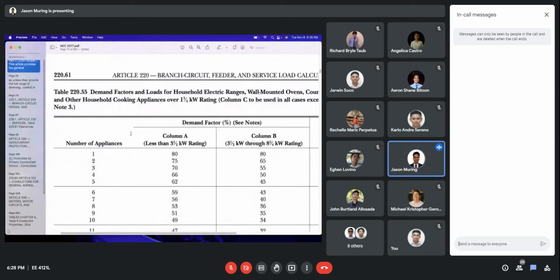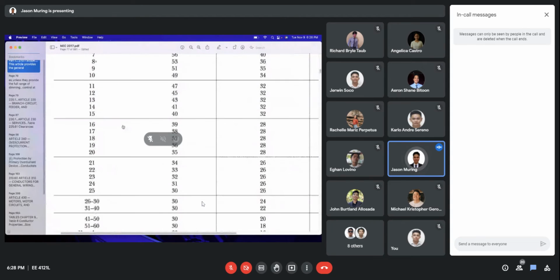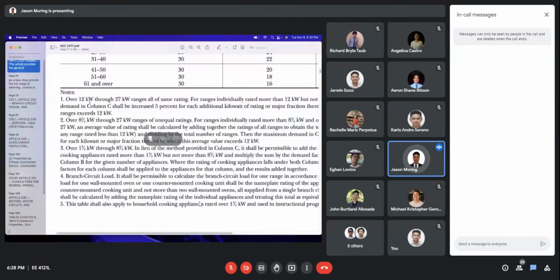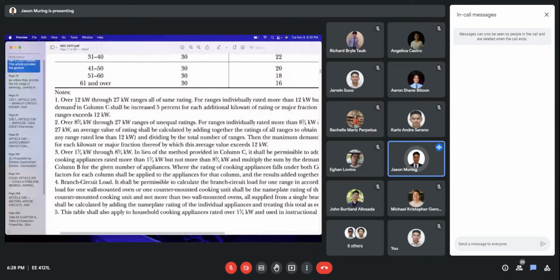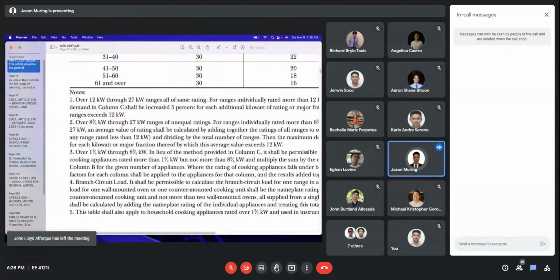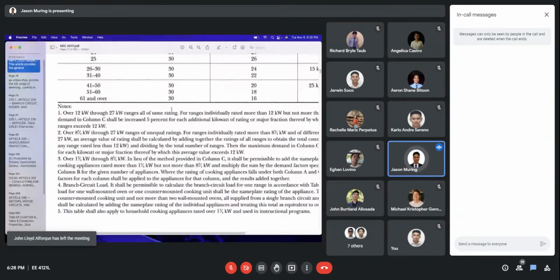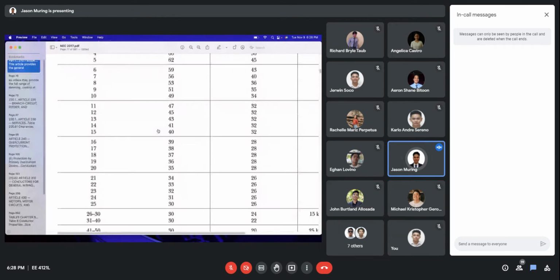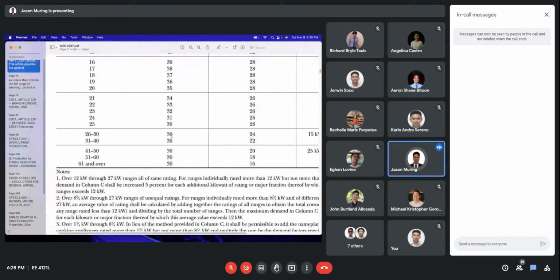Okay, so here 220.55. When you use this table, you have to look at these notes. First, over 12,000 through 27 kilowatt ranges, all same rating, we use a 5% increase, but since our given is not over 12,000, we cannot use this one.